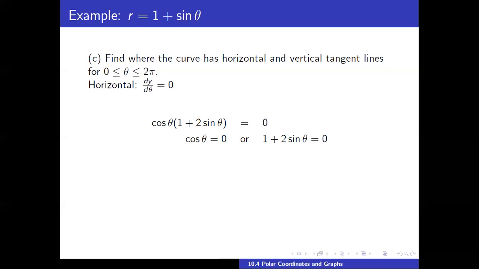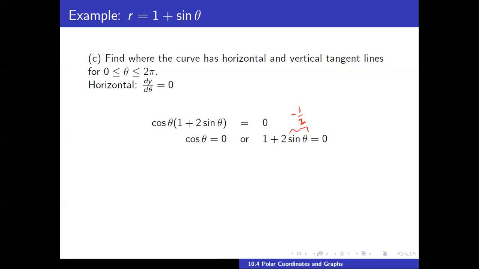Where is 1 plus 2 sine theta equal to 0? Well, that would mean that sine theta is how much? Negative 1/2. Huh, all right. Where does that happen? 7, right?